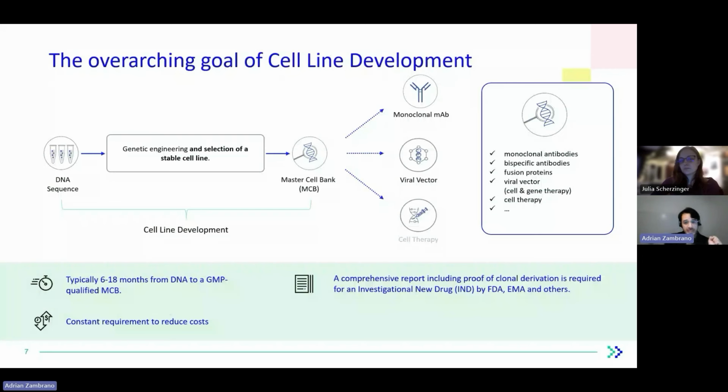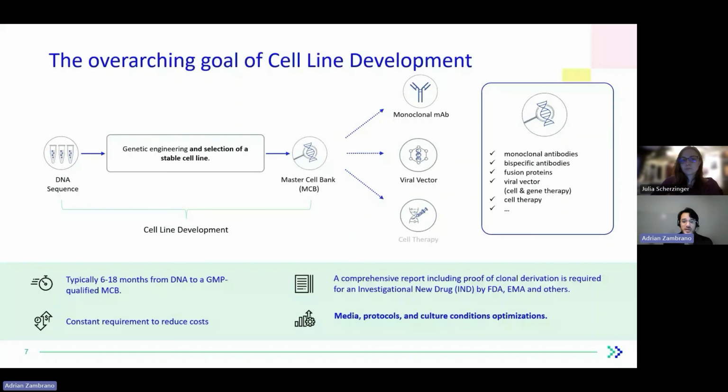Just so we are all on the same page, the overarching goal of cell line development is generating a stable cell line, starting with genetically engineered cell lines, in order to produce biotherapeutics such as antibodies, viral vectors, and so on. You start from these genetic cell lines until you get to the banking of cell lines. This whole process typically takes about 6 to 8 months, depending on the level of automation.